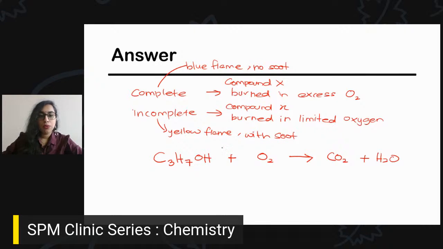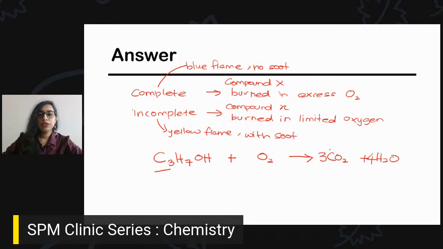Now there are 3 carbons, so we make it balance on the right hand side by adding a 3 here. So your left hand side and right hand side are balanced for carbon. Let's look into how many H atoms we have. We have 7 plus 1, so it's 8. So we make it balance on the right hand side by adding a 4 in front here.